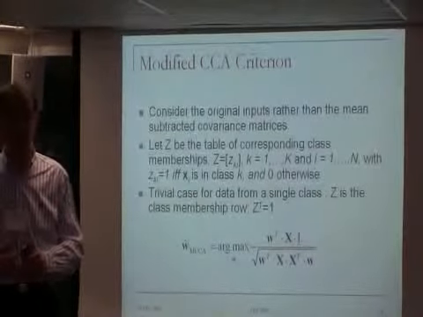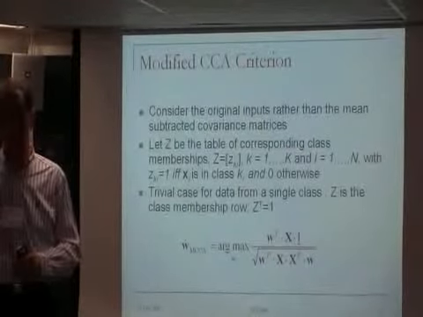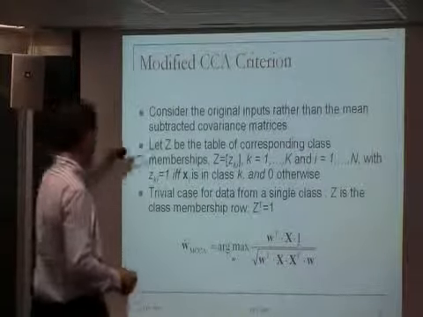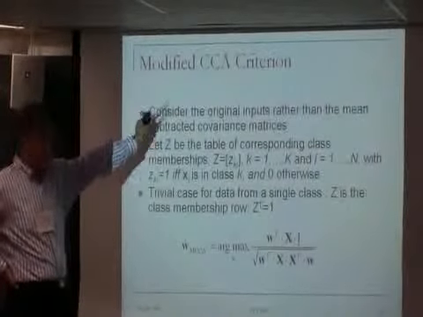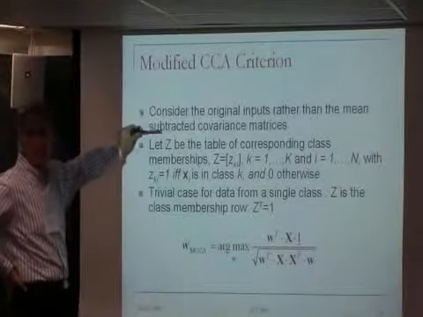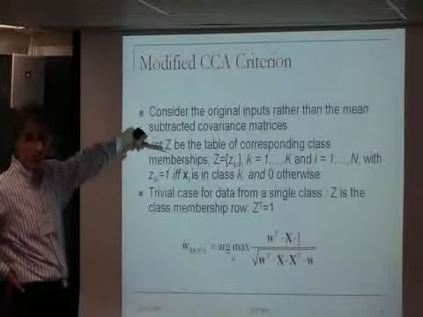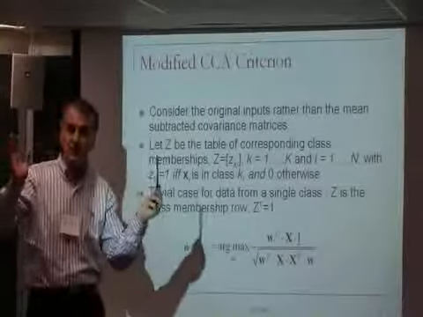In general, by subtracting the mean of the data, we reduce the dimensionality of the data by 1. So, well, here with CCA it's the same thing. We will take the original inputs rather than the mean subtracted covariance matrices. And consider the classification table.